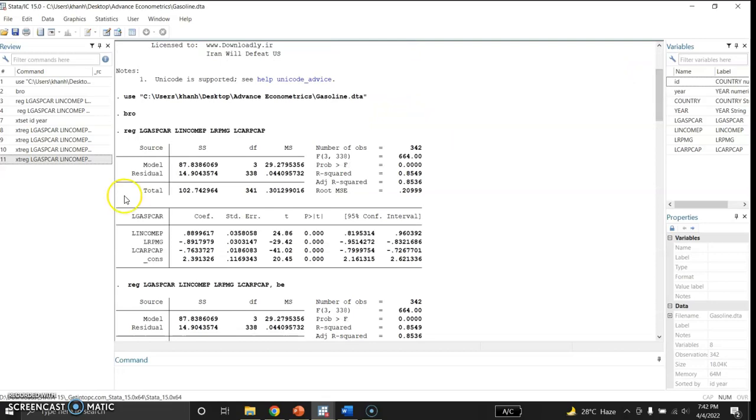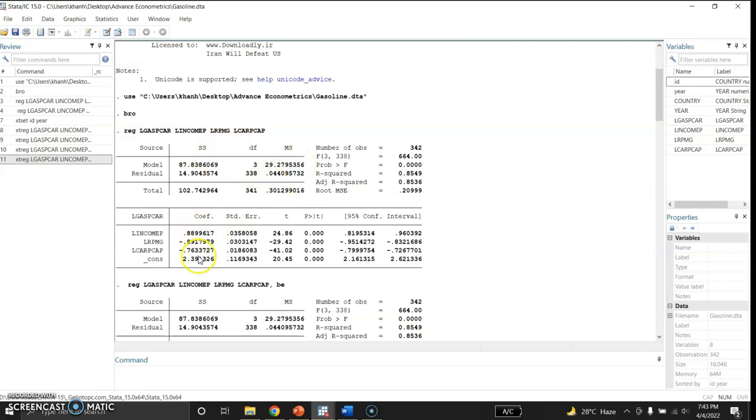The first model is the OLS, in which I regress log of gas divided by car on log of income per capita, and this is log of real price of motor gasoline, and this is a log of car stock per capita. So these are the various statistics.